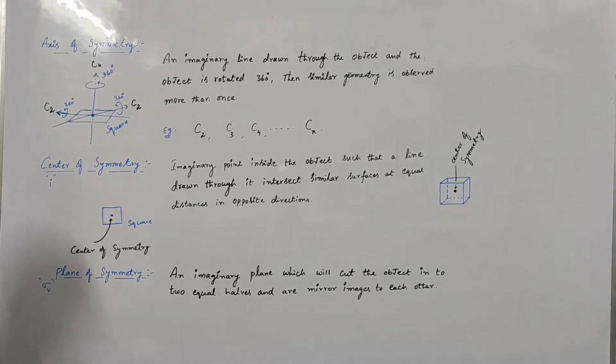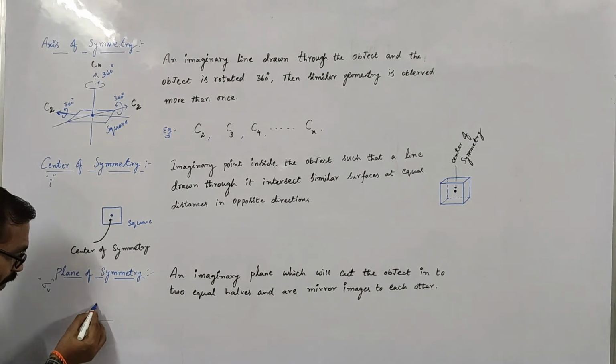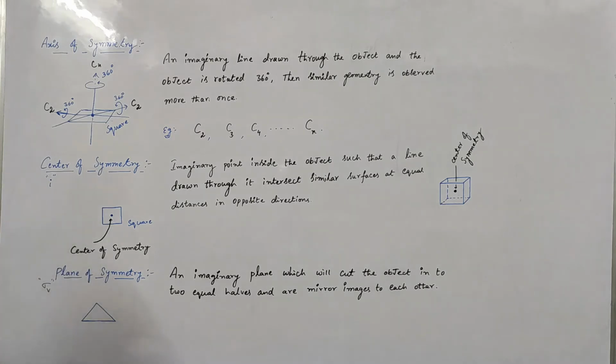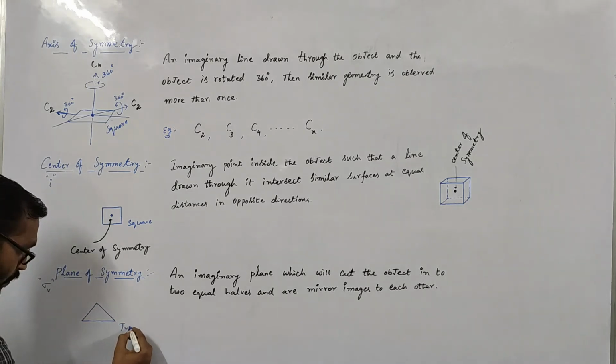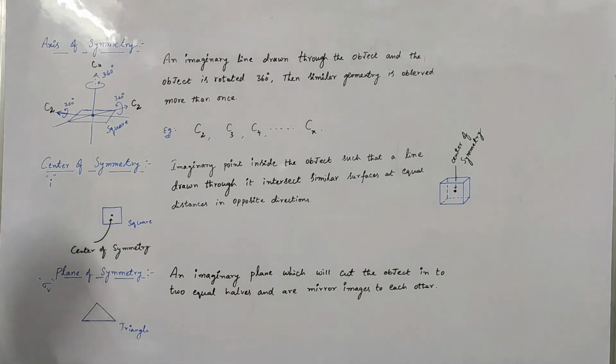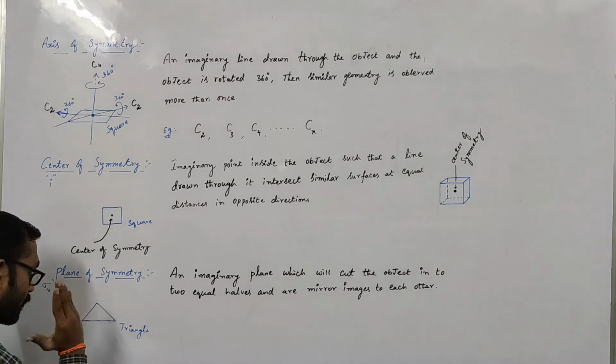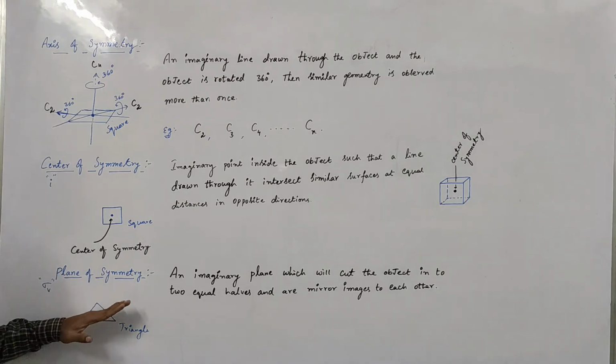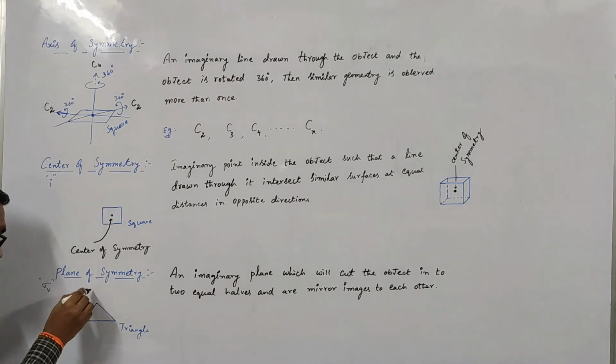Right? So, assume any object. If I cut that object into two equal halves using any plane, then I call that plane a plane of symmetry. Now if I consider a triangle, can I cut it into equal halves using any plane? Yes, sir. If I assume a plane in this way, or this manner, or this manner, then I call the plane a plane of symmetry.